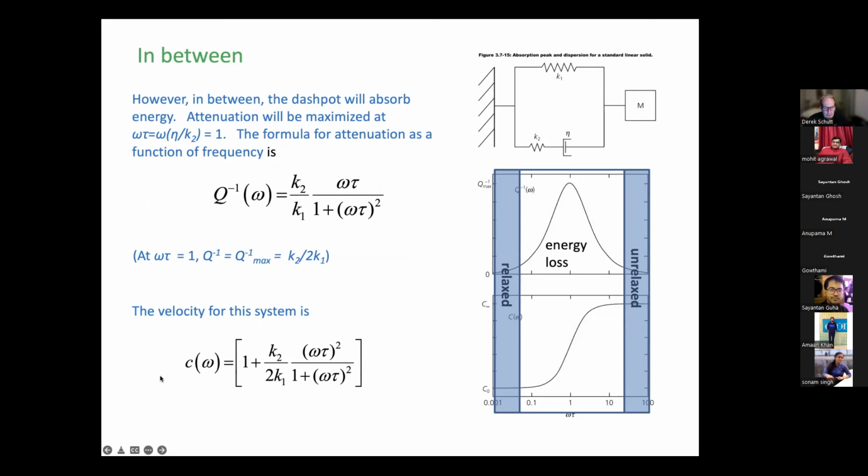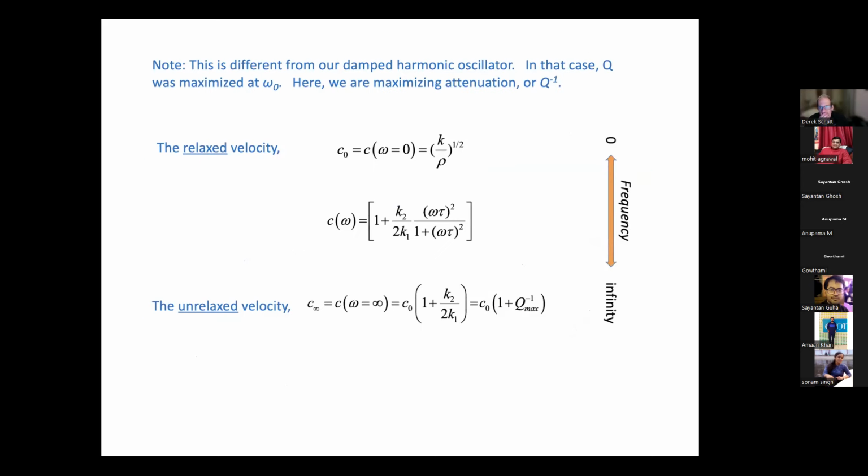And the velocity is going to look like this. The important thing is the velocity is going from the unrelaxed velocity to the relaxed velocity, and we are going to have energy loss. So this is different from our damped harmonic oscillator because here we are maximizing attenuation at our omega tau value.